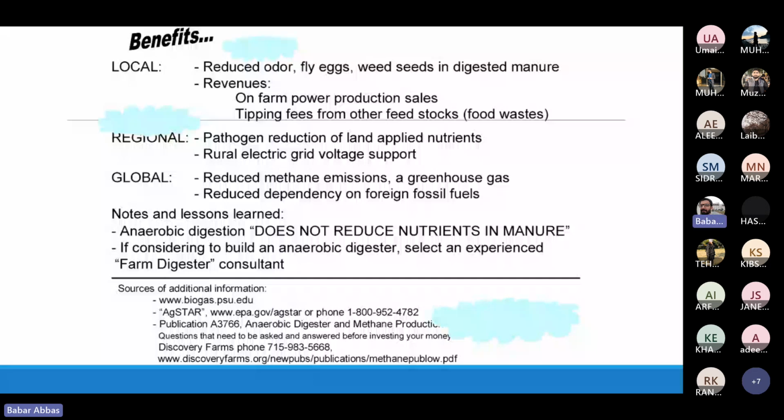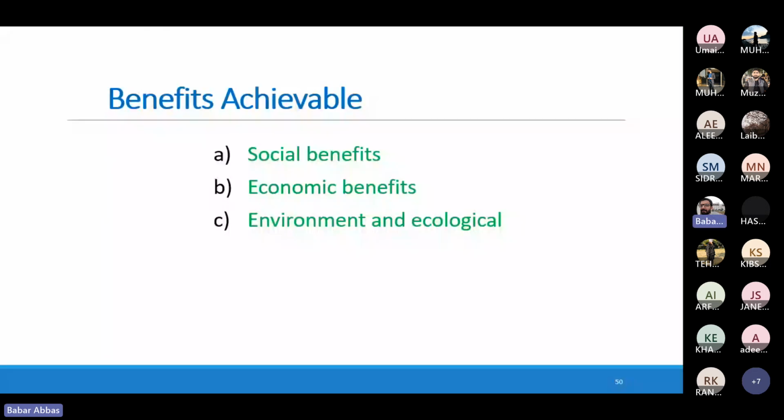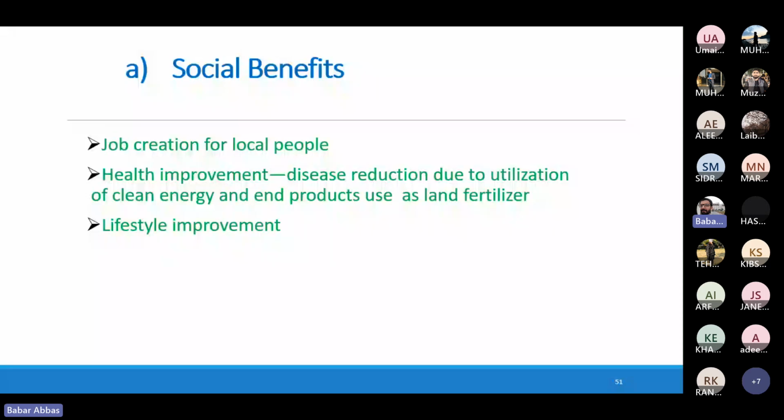इसके अलावा इसको हम कैटेगराइज कर सकते हैं सोशल, इकोनॉमिक एंड एनवायरमेंटल बेनिफिट्स। सोशल बेनिफिट्स में जॉब क्रिएशन है। जब आप बिजनेस स्टार्ट करते हैं तो ऑब्वियसली you would be needing someone to fabricate your reactors.